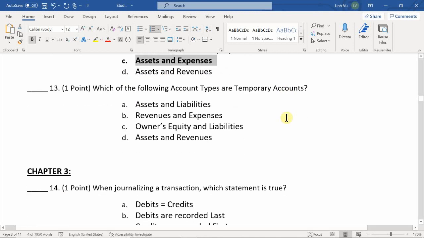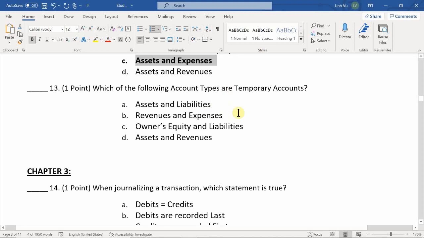Which of the following account types are temporary accounts? Okay. It's B. B, revenues and expenses.